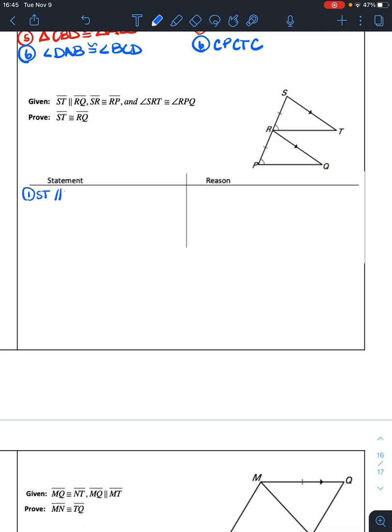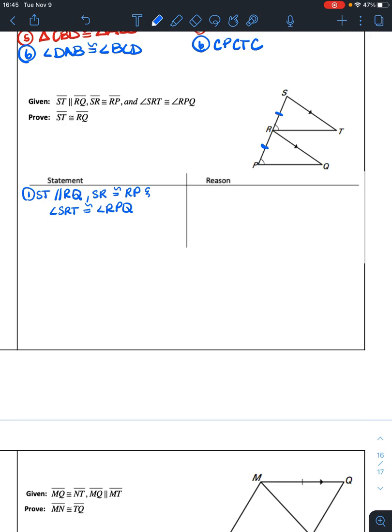So ST is parallel to RQ. You know that corresponding or alternate interior or something like that is going to come about probably. SR is congruent to RP. And angle SRT is congruent to angle RPQ.